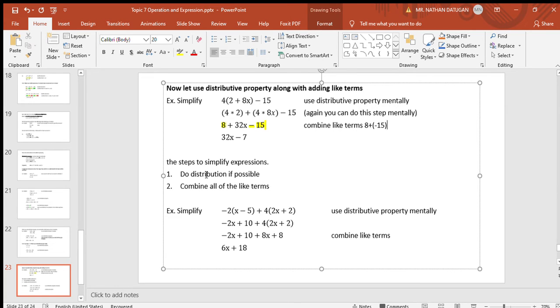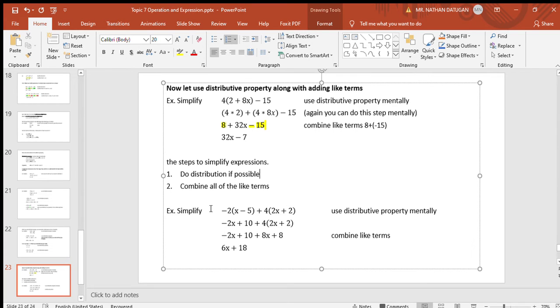So here are the steps. The first step when we simplify terms is to do distribution if possible, and then combine all the like terms. That's basically it. Instead of one step where you combine all the like terms, you simply do distribution beforehand.